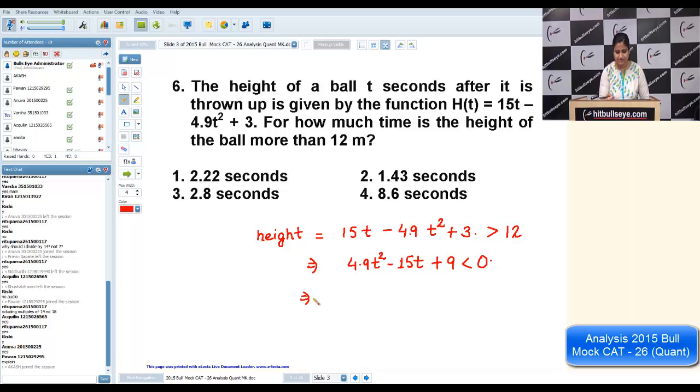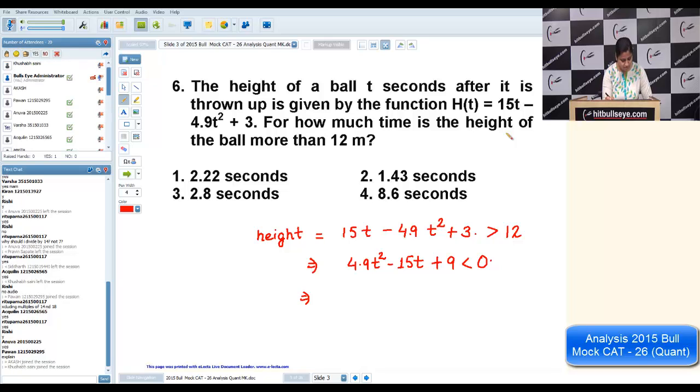I'm just copying the result because you must be comfortable with inequality, which comes out to be t belongs to the interval 0.81 to 2.24. Pavan, till the moment any problem? I think you must be comfortable in solving inequality. Yes, please confirm.